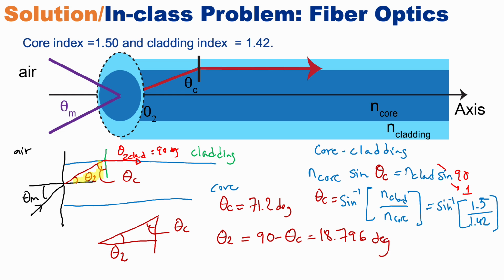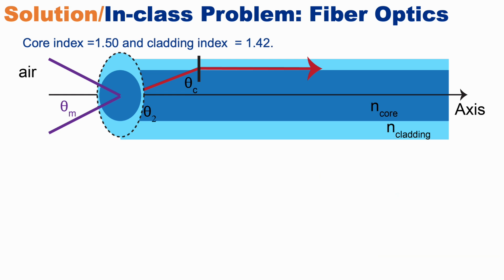Now that I have that angle, I can go to the boundary of air. This is going to be theta m, and here I have theta 2. So this is core, this is air. So I'm in the boundary of air-core.